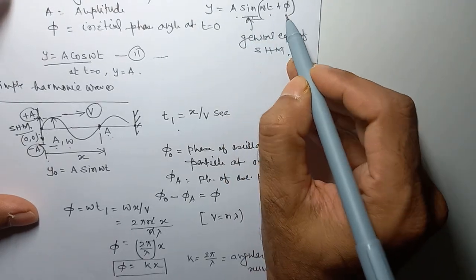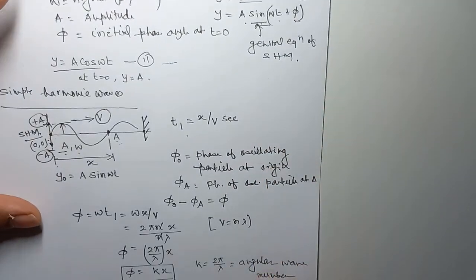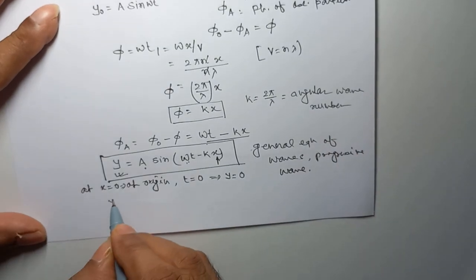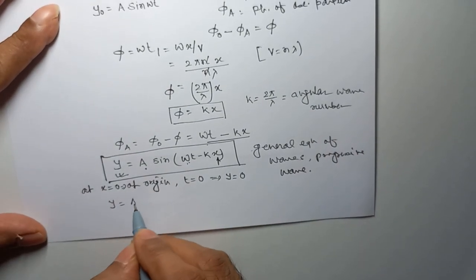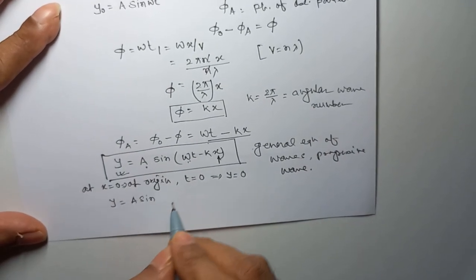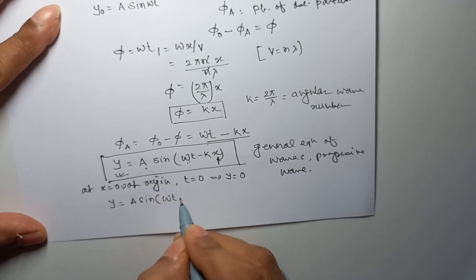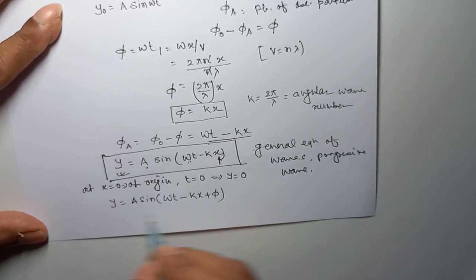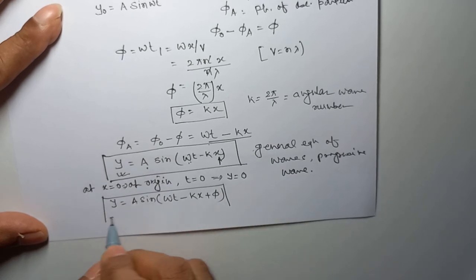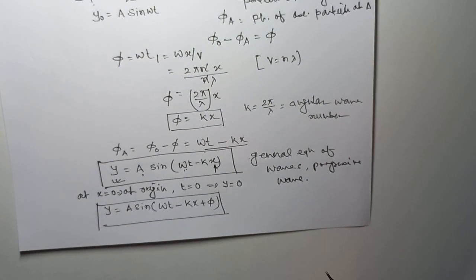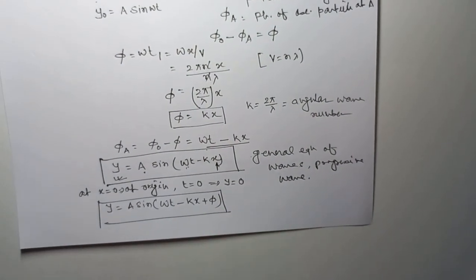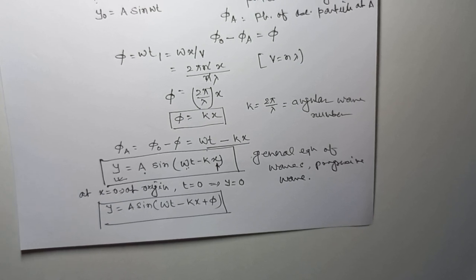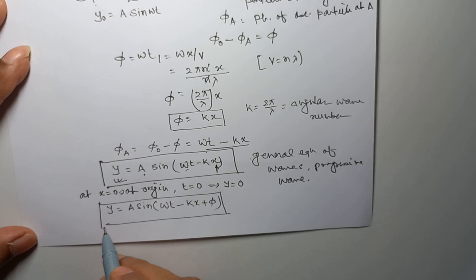Just like in the case of simple harmonic motion, y is equal to A sine omega t plus phi, where phi is the initial phase. Same thing we can introduce here also. We get y is equal to A sine omega t minus kx plus phi. So y is equal to A sine omega t minus kx plus phi is the most general equation of progressive waves.